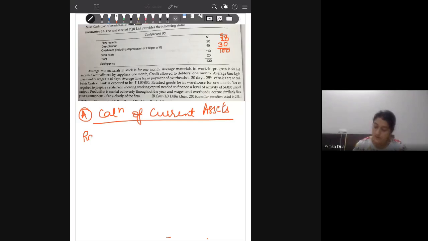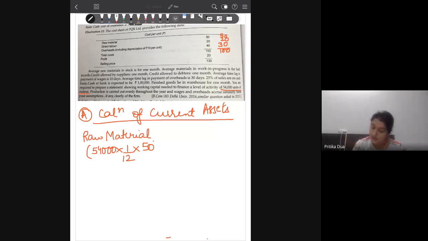Now you are given raw material on monthly basis, and you are given that the company needs a financial level of activity of 54,000 units of output. Now this is the yearly output which is required. Since raw materials are given on monthly basis, we'll take the investment in raw materials. So this will give you the holding of raw material.